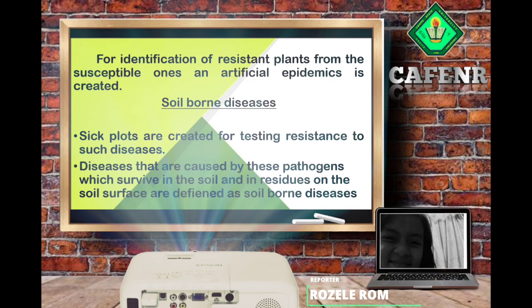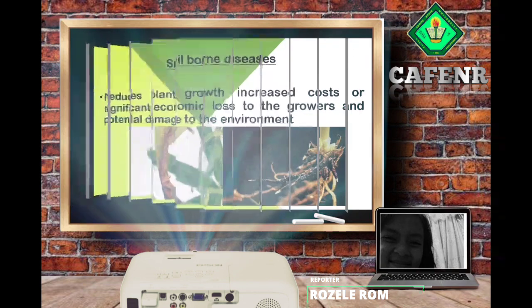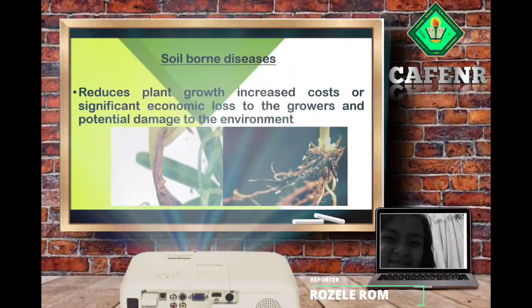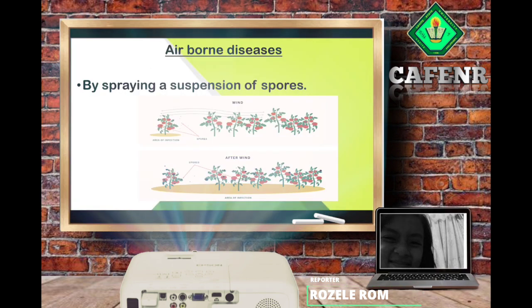Diseases that are caused by pathogens which survive in the soil and in residues on the soil surface are defined as soil-borne diseases. They reduce plant growth, increase costs, cause significant economic loss to the growers and potential damage to the environment. The airborne diseases.